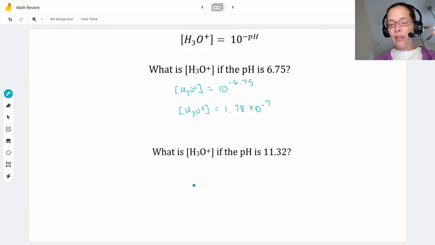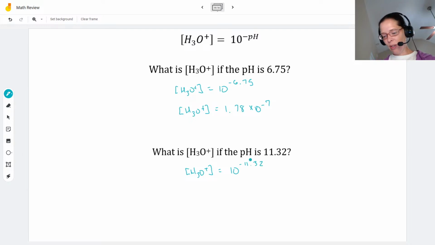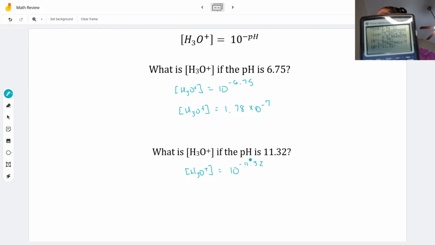And for our last problem here, if I want concentration, this is going to be 10 to the negative 11.32. And I will put it in my calculator so you can see what it looks like. Make sure you can see it. There you go.